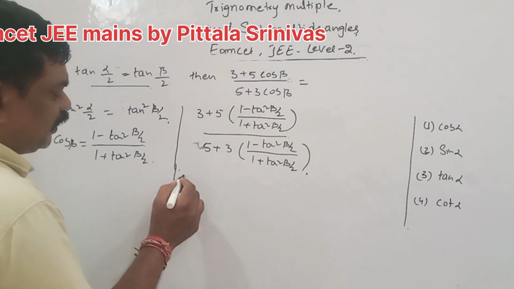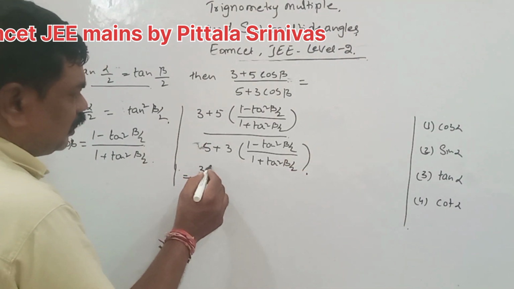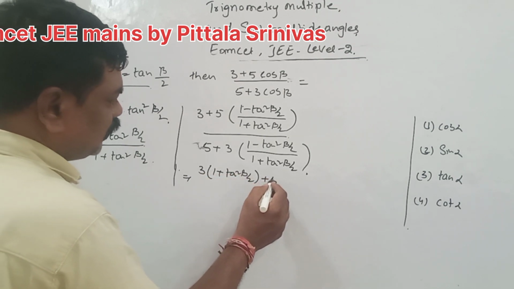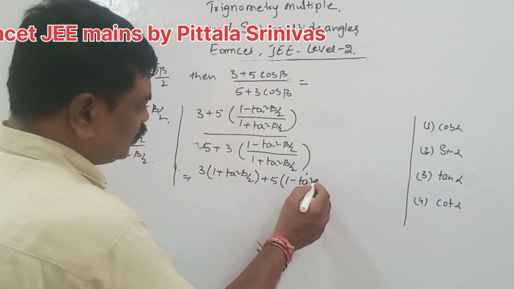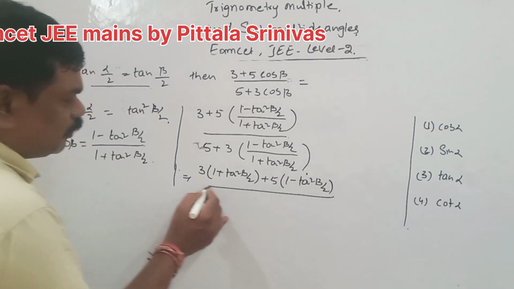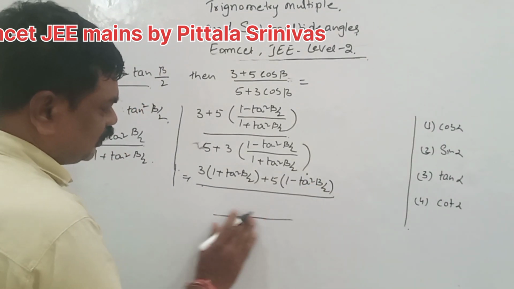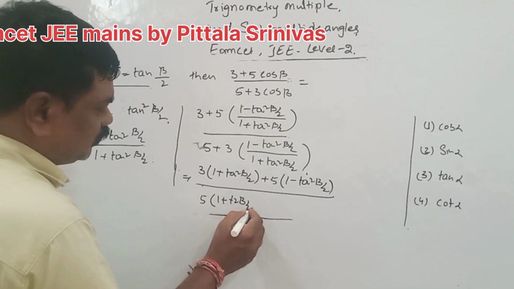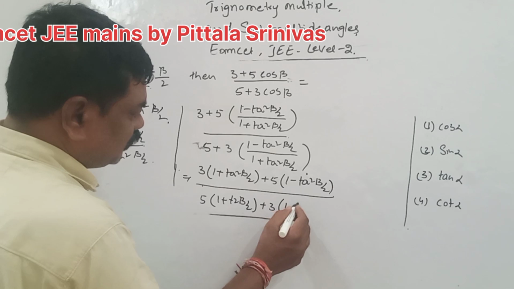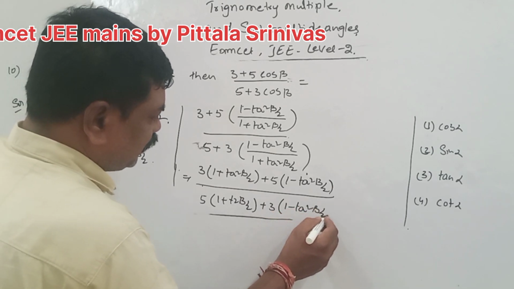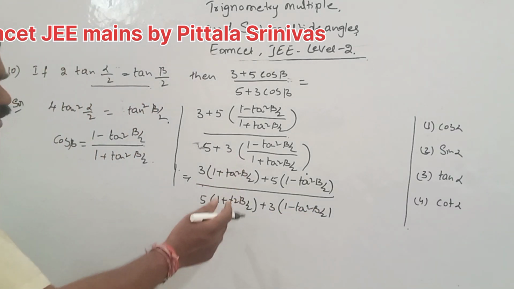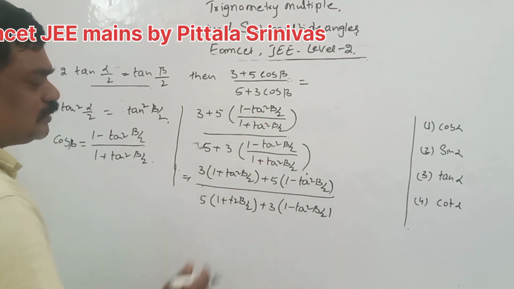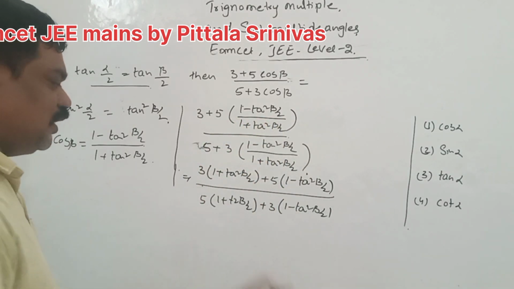So you take the LCM here: 3(1 + tan² β/2) + 5(1 − tan² β/2) over 5(1 + tan² β/2) + 3(1 − tan² β/2). The denominator 1 + tan² β/2 cancels.